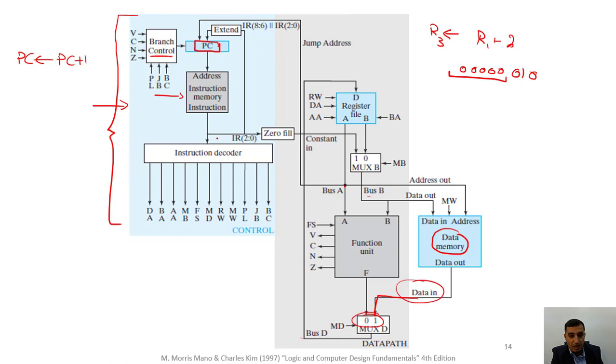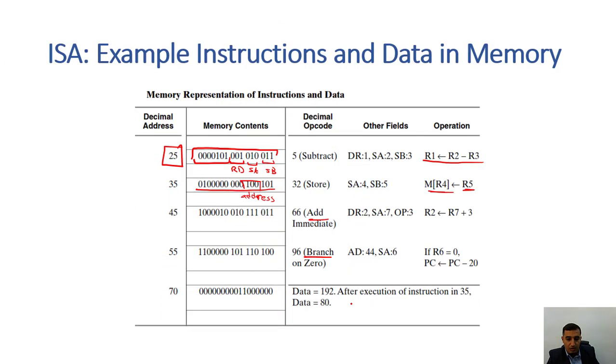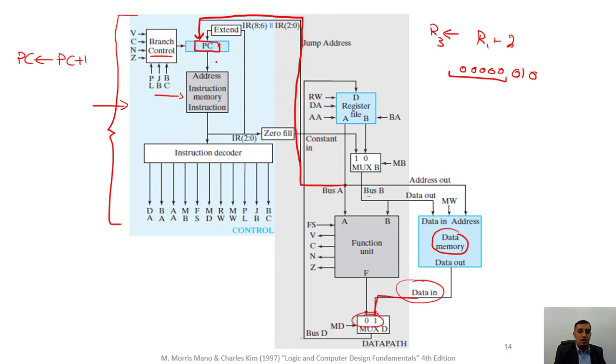As you can see here, we have one line going from bus A into the program counter, and this is basically to associate this instruction, which is the jump instruction, where RSA is put into the program counter. The contents of RSA will be used to address as a jump instruction.